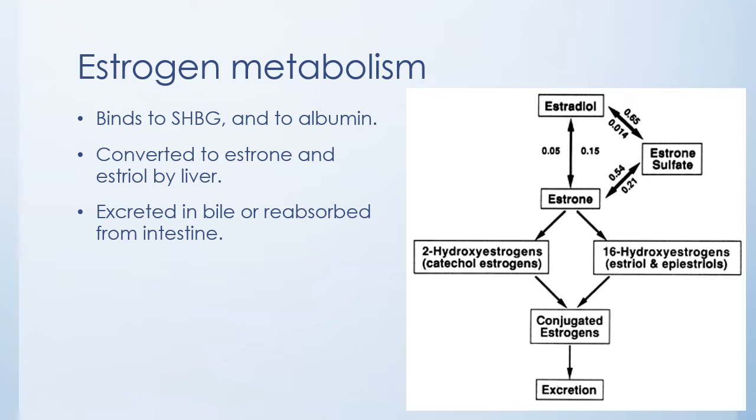So albumin is a very important protein. Estrogen is converted to estrone and estriol by the liver. Remember, this is an inactive form of estrogen. So when it's not needed, it is in this form and excreted in the bile or reabsorbed from the intestine.